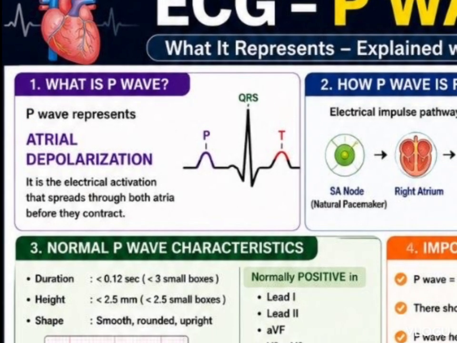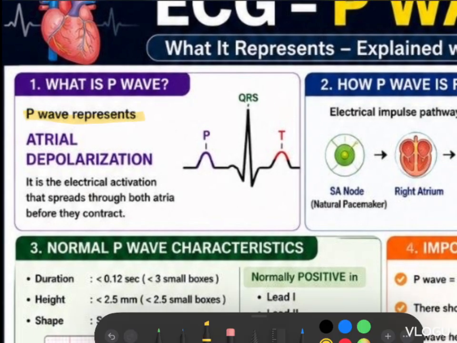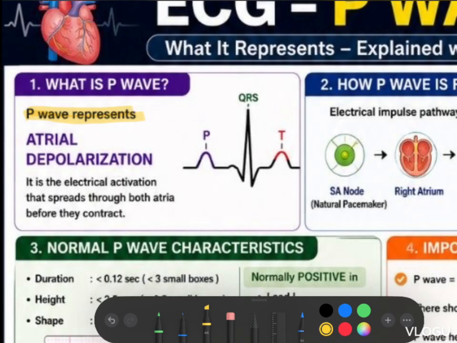So what is the P wave? The P wave represents atrial depolarization. Now, what is depolarization? Before a muscle contracts, it must receive an electrical signal.